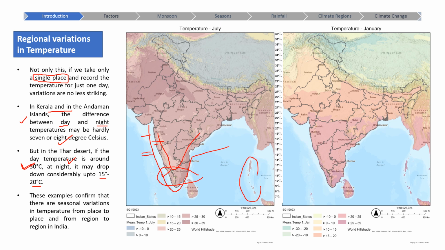But this area is very far from the ocean. So during daytime the temperature is high and nighttime temperature is very low. Okay, so these examples confirm that there are seasonal variations in the temperature from place to place and region to region.